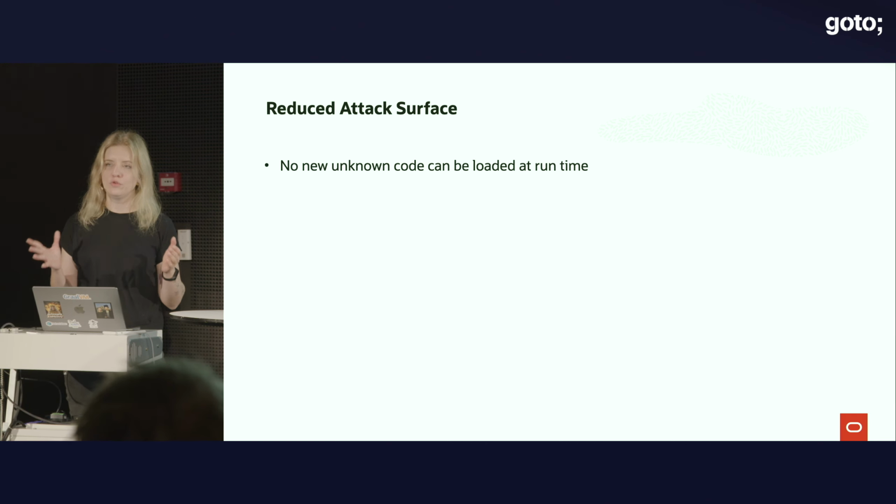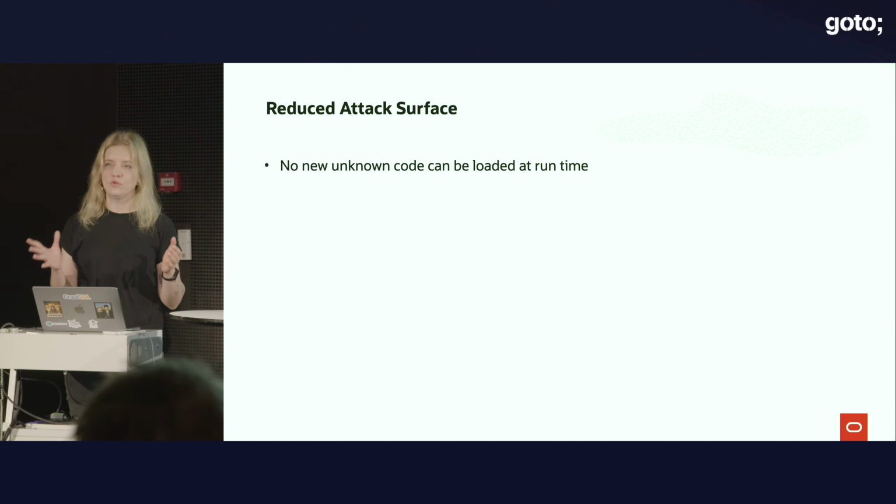And this can be seen as a limitation because, again, you need to figure out everything your application does and provide this information to Native Image when you actually build your application. But I think it also can be seen as a security benefit because nothing unseen can be happening at runtime.